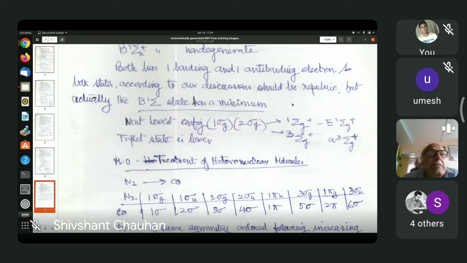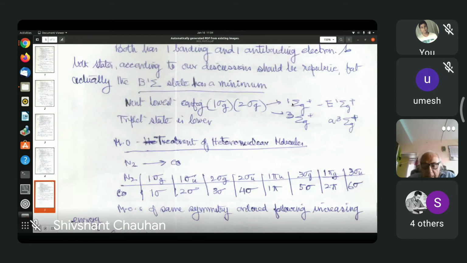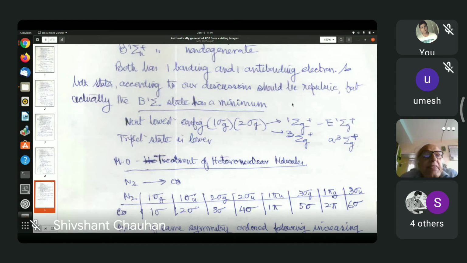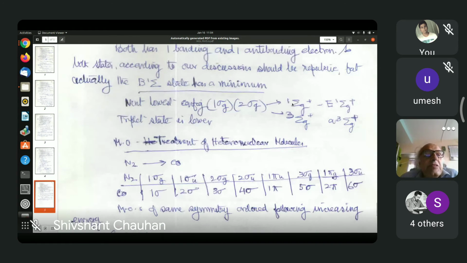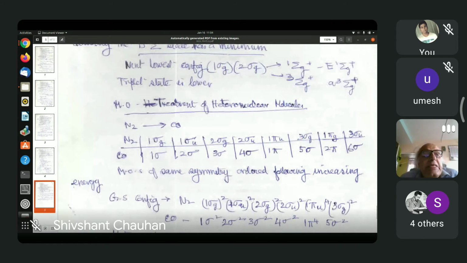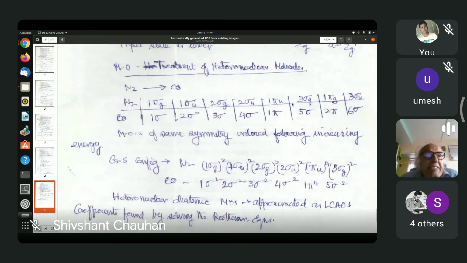Yes, and of course, we can have heteronuclear molecules also. When we have heteronuclear molecules, if the difference in nuclear charge is not much, then we can just extrapolate the orbitals of the homonuclear molecule to the heteronuclear ones. Of course, the g and u symmetry will be missing.